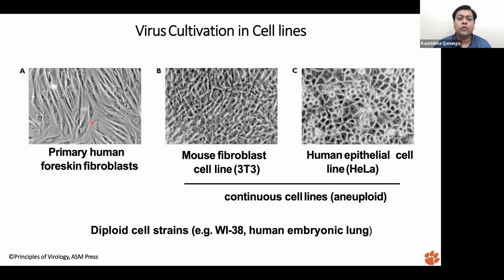So what you do is, there are some cells which can grow in a suspension culture. That means that they are not adherent to the surface. For example, these fibroblasts need an attachment like this plastic to grow.